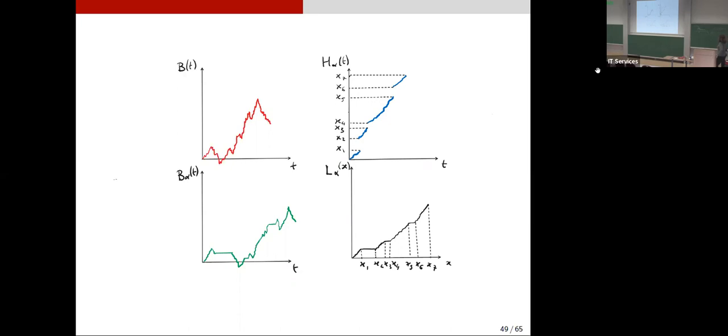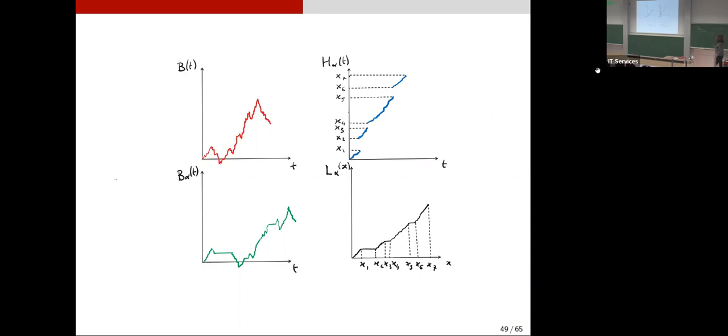Here I plotted the corresponding trajectory of its inverse process. So I recall that L_alpha is the inverse or hitting time process, the inverse of H_alpha(t), so it coincides with the first time where the subordinator hits a particular level.